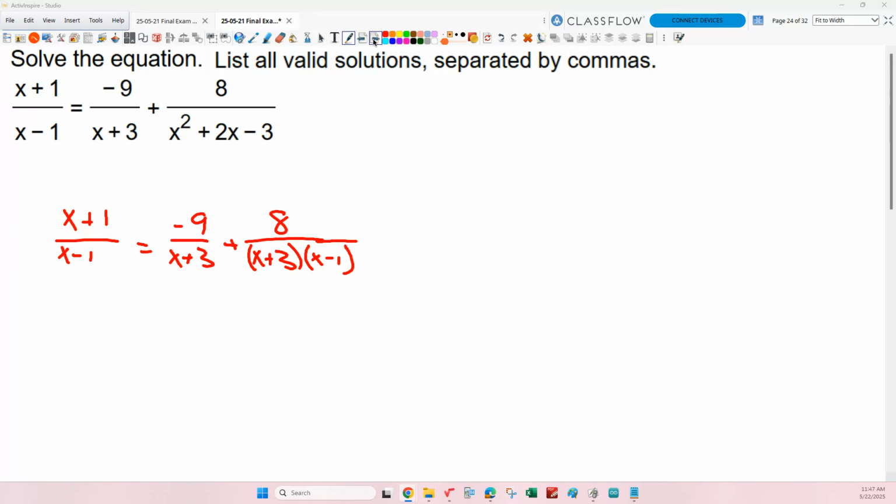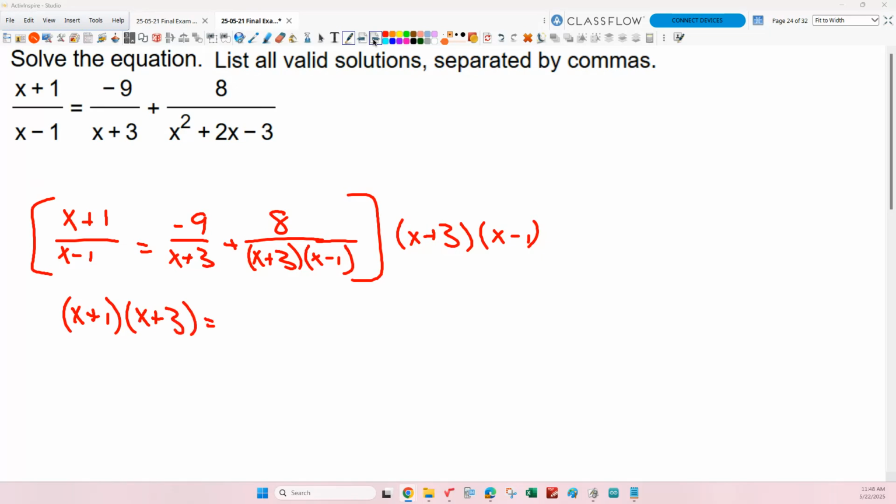Yep, we multiply by the LCD, which in this case is x plus 3 times x minus 1. So what would I get for this fraction? X plus 1 times x plus 3.